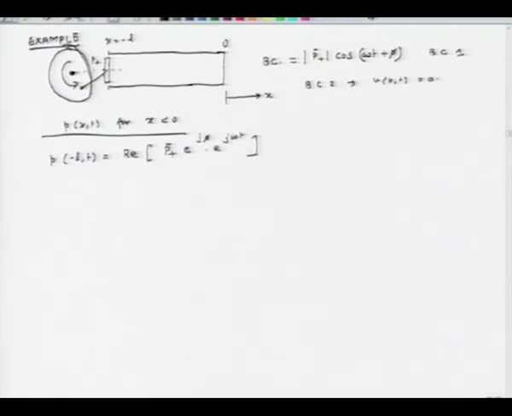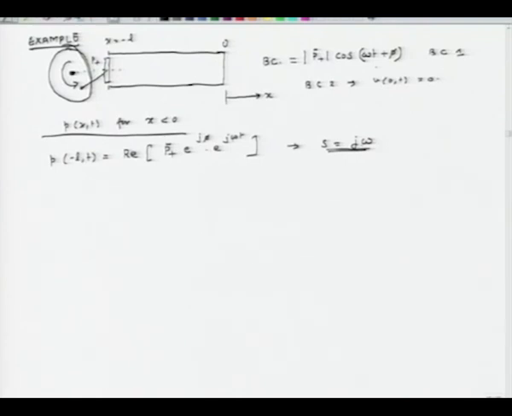So, all what I have done is I have rewritten the same expression in this format, and when I take its real value, I get the same thing back. So, from this we find that s equals j omega.